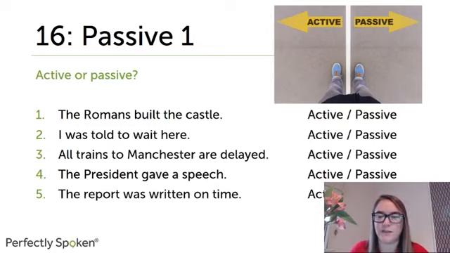Number 1, the Romans built the castle. 2, I was told to wait here. 3, all trains to Manchester are delayed. 4, the president gave a speech. 5, the report was written on time. Pause the slide and tell me, is it an active or a passive sentence?